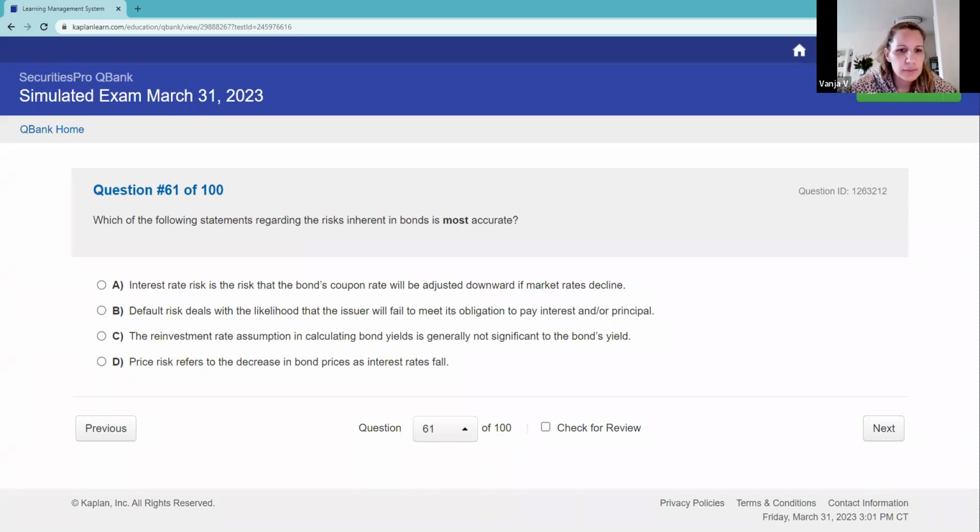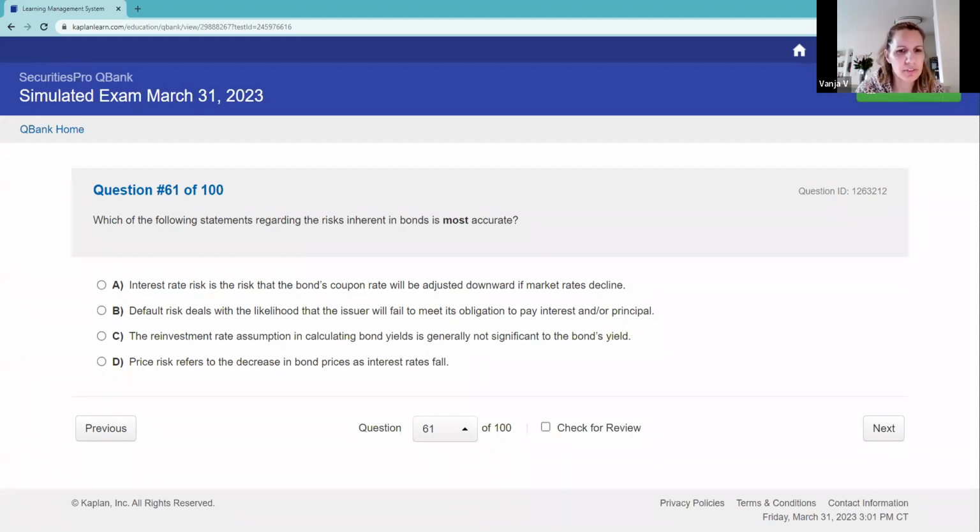Default risk deals with the likelihood that the issuer will fail to meet its obligation to pay interest and/or principal. The reinvestment rate assumption in calculating bond yields is generally not significant to the bond's yield. Price risk refers to the decrease in bond prices as interest rates fall. Most accurate.